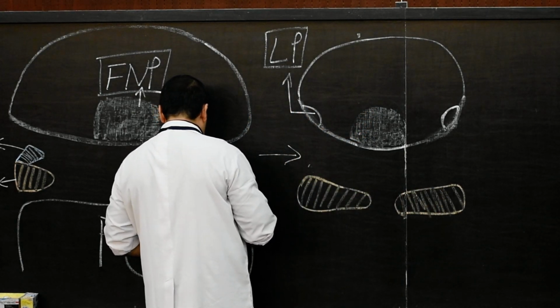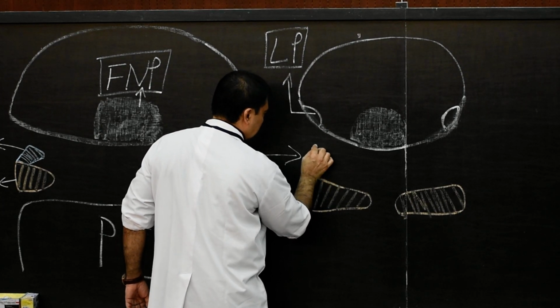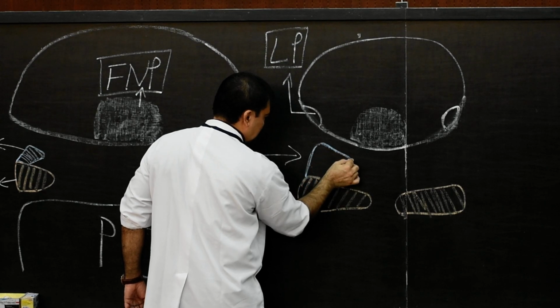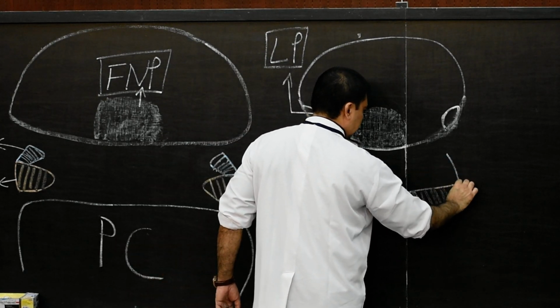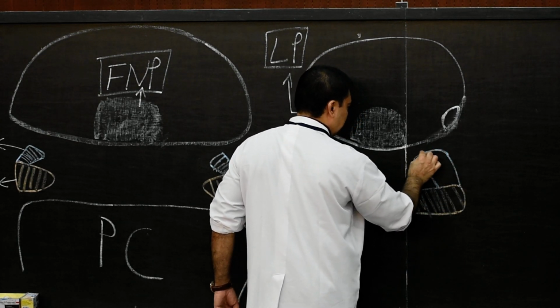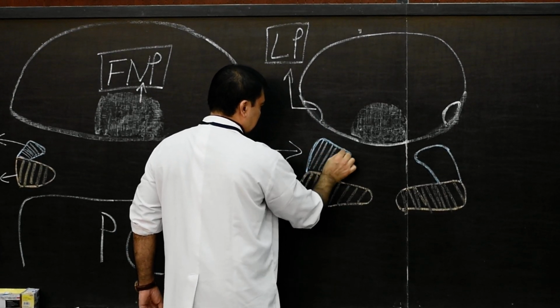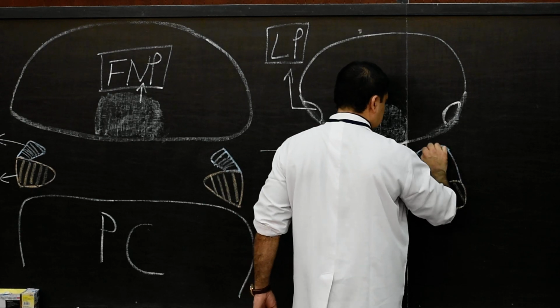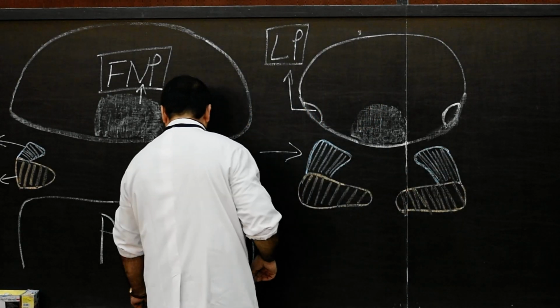What about the maxillary arches? The maxillary arches, they will migrate towards the frontonasal process. So here we complete our maxillary arches. They are migrating slowly towards the frontonasal process.